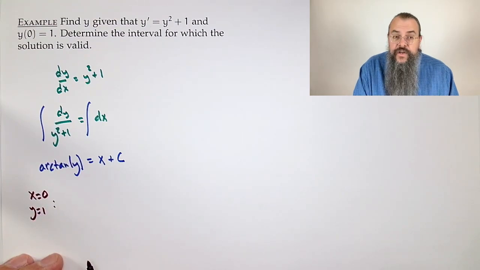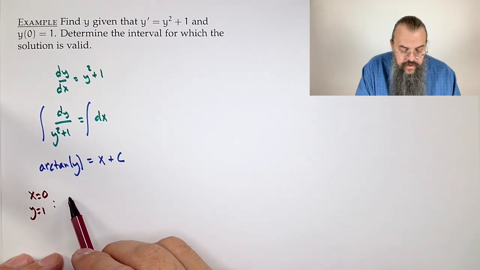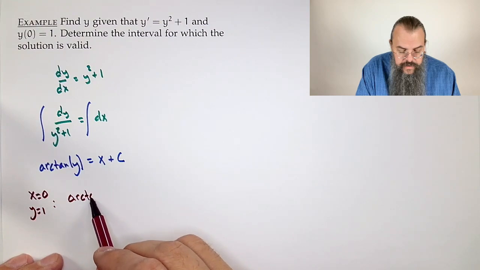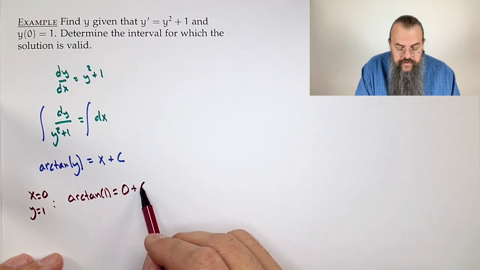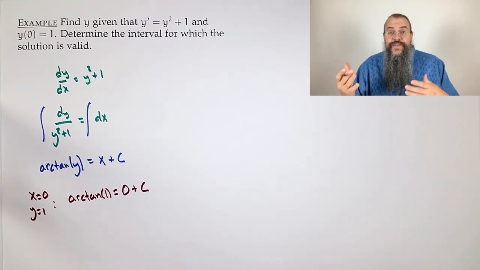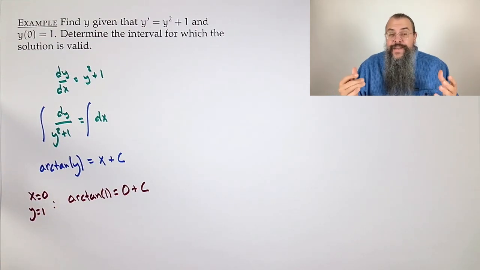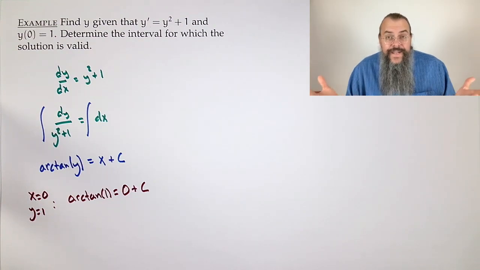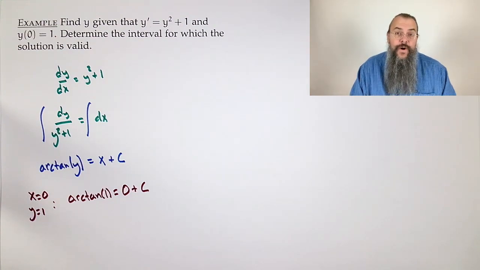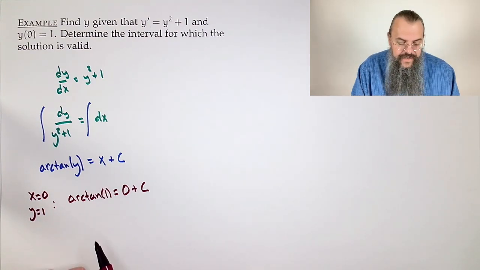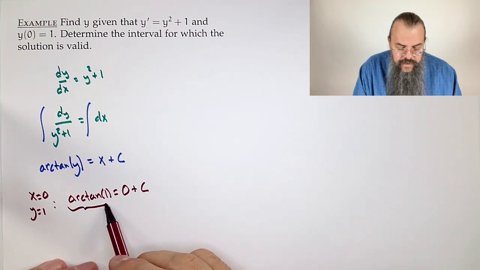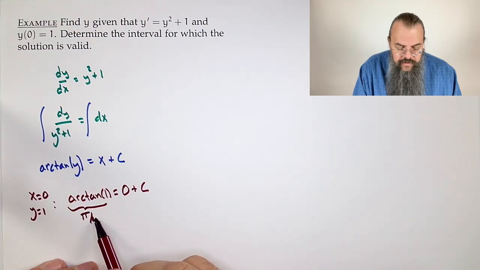So that's our initial condition. So arctangent of 1 is equal to 0 plus c, which tells us that c is arctangent of 1. Well, do we know some angle whose tangent is 1? There's such an angle, it's pi fourths. And so arctangent of 1 is pi fourths.